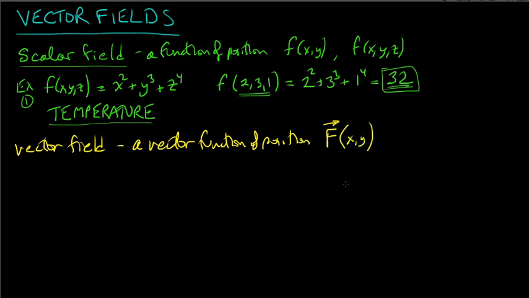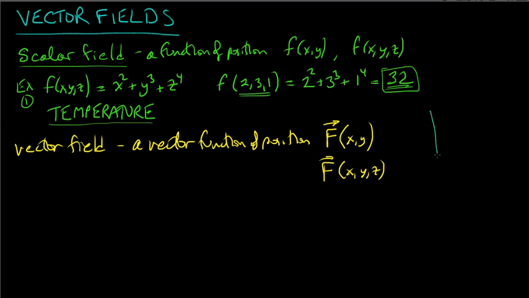It could be a vector in the xy plane, or it could be a vector in space that depends on x, y, and z. So now every point will not just have a number with it, it'll have a number and a direction. It'll have an arrow.